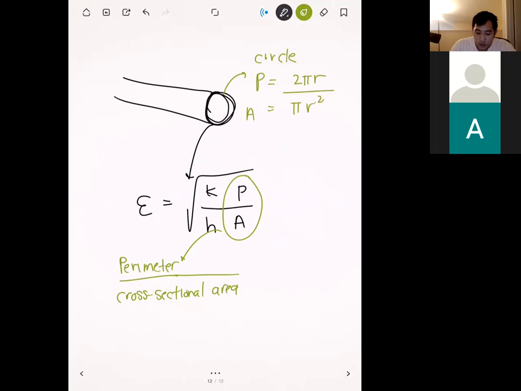You take the ratio between these, and what you get is 2 over r. That's not very good, because a circle just naturally has more area than it does perimeter. What we said in the lecture is that to maximize this ratio, you want to pick cross sections that are very thin.